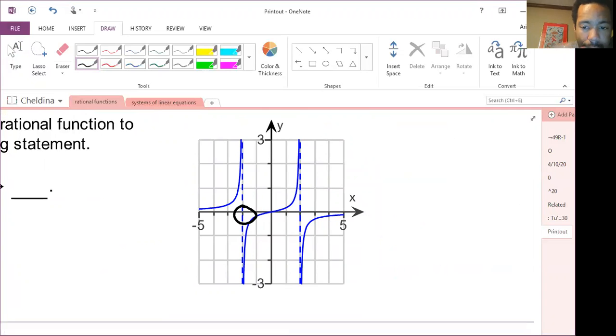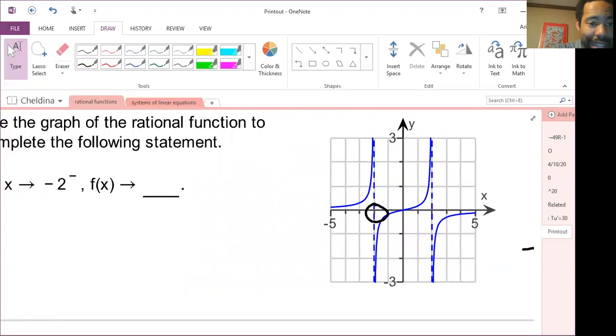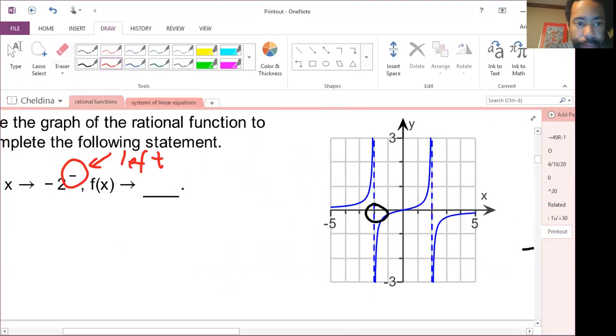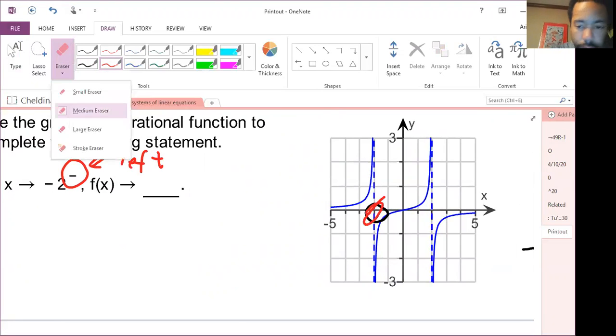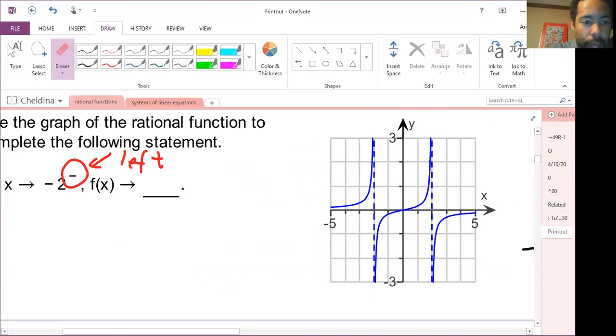As x goes to negative 2 from the left, so that signifies from the left, that means that when you look at this graph, here's negative 2, and you're coming from the left of negative 2.